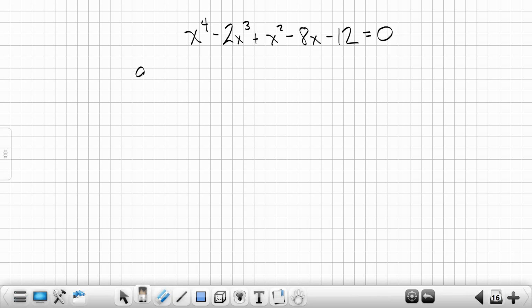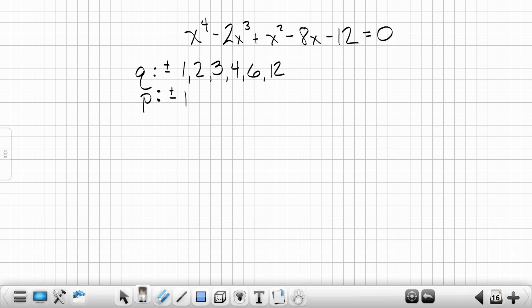What are our Q values? One, two, 3, 4, 6, 12. Okay. What are the factors of P? 1.